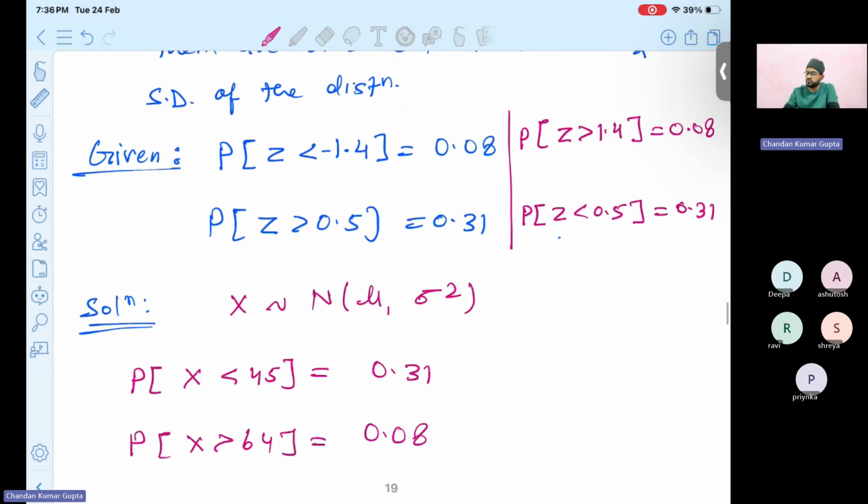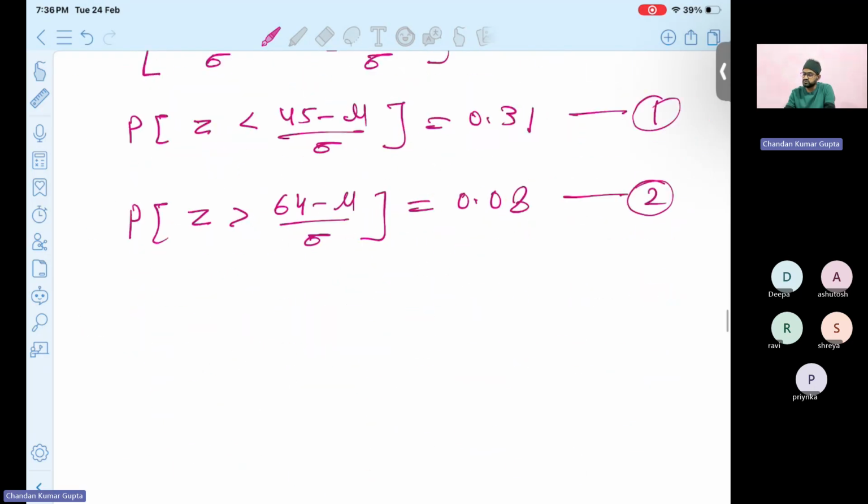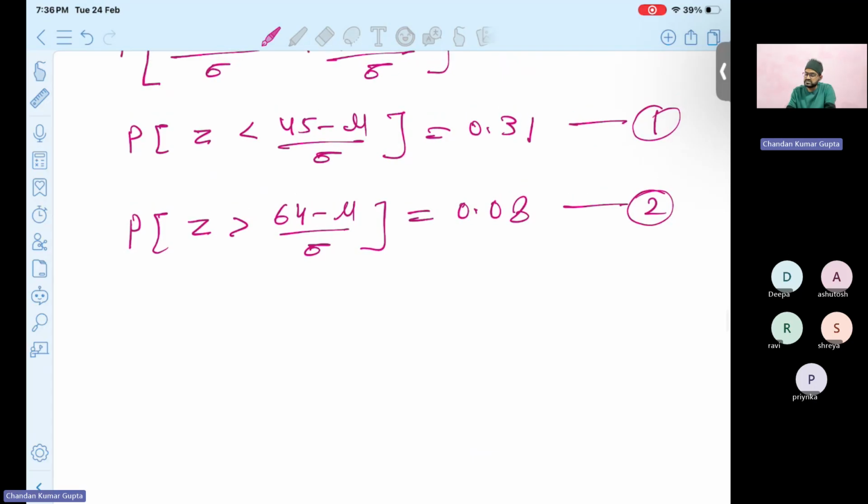So from these equations, Z greater than 1.4 comes out to be 0.08, and here Z is greater than (64 minus mu) upon sigma, with equal probability 0.08.